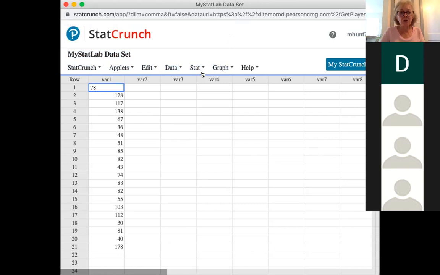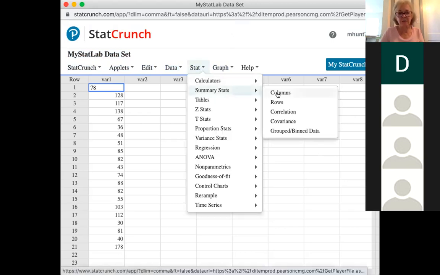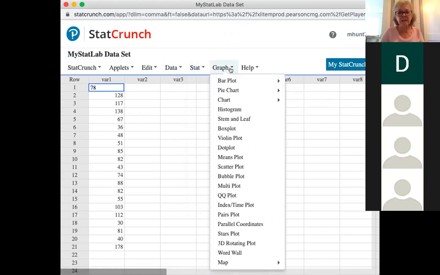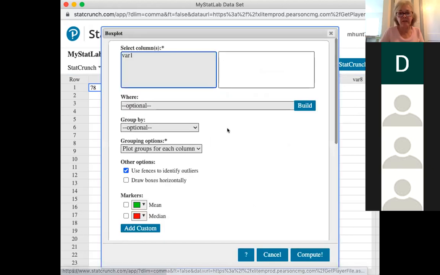Now, I could go under stats, summary stats on the columns, and I could get all of the summary stats. Or there's an alternative. I could go under graphs and pick box plot, simply because we really haven't done a box plot before.